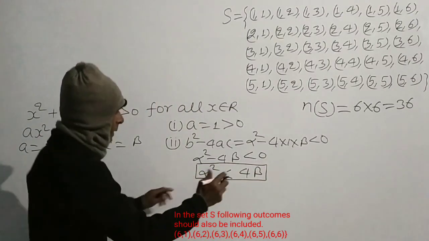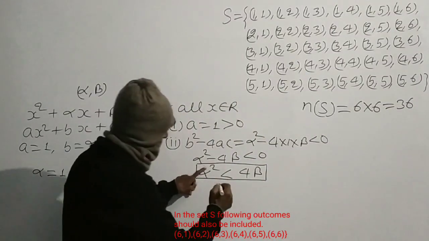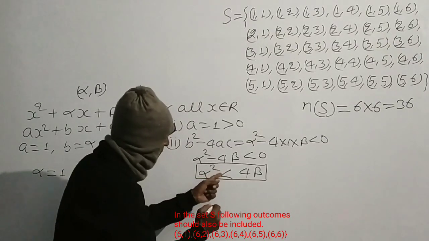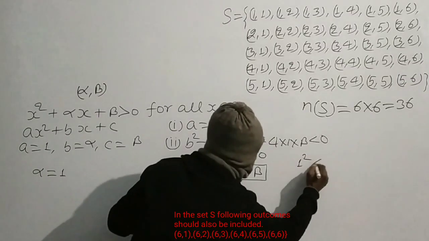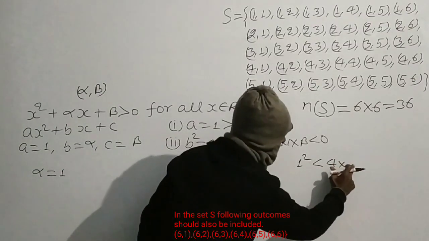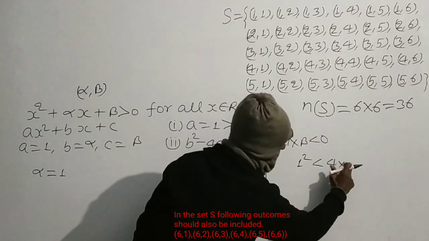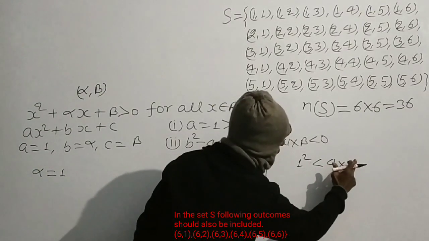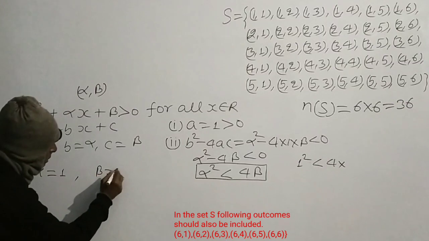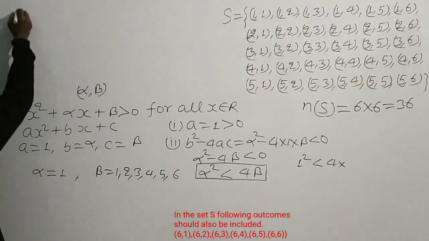Left side of this inequality becomes 1 square, less than 4 times beta. In place of beta, what number can we place here so that this condition is fulfilled? We can write here 1 or 2 or 3 or 4 or 5 or 6. That means when alpha is equal to 1, then beta can be 1 or 2 or 3 or 4 or 5 or 6.